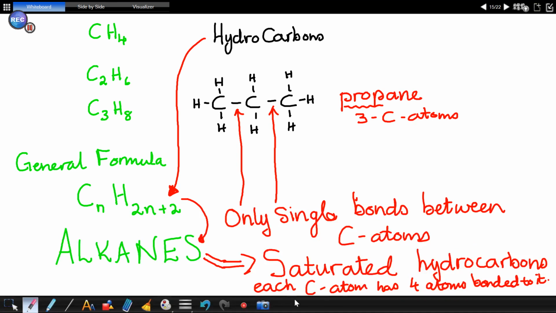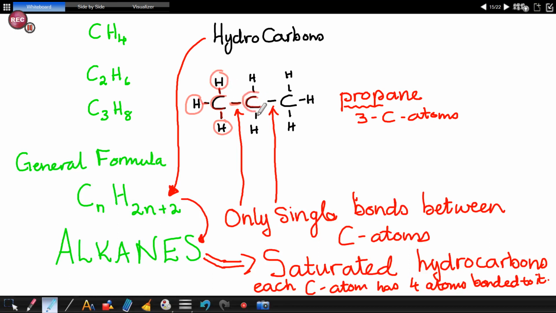Because each carbon atom has 4 atoms joined to it, every bond is a bond to another atom. This first carbon atom has a bond to that carbon atom, 1 bond, a second bond to this hydrogen atom, a third bond to that hydrogen atom, and a fourth bond to that atom.